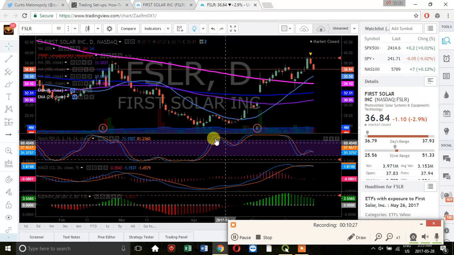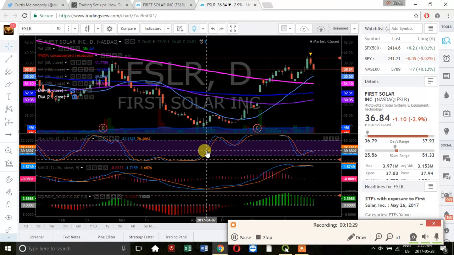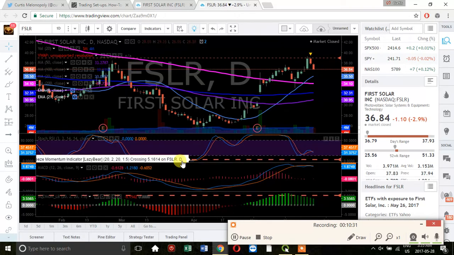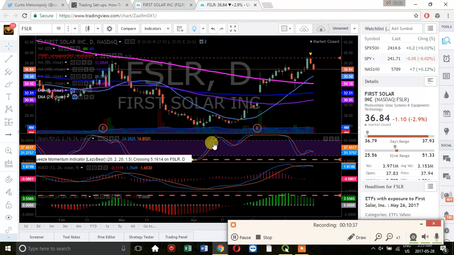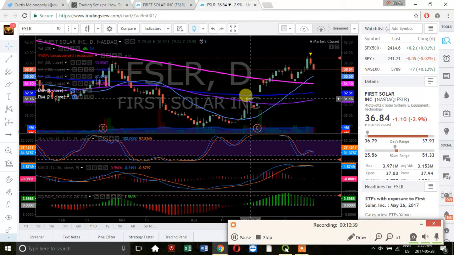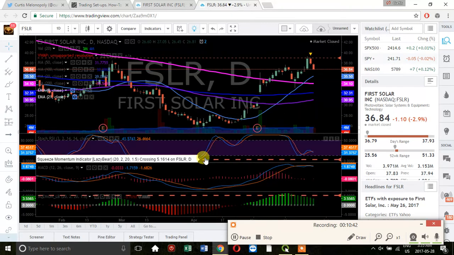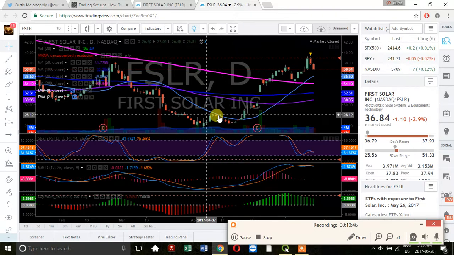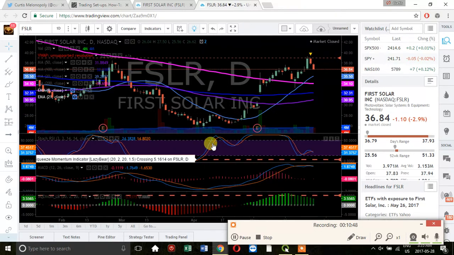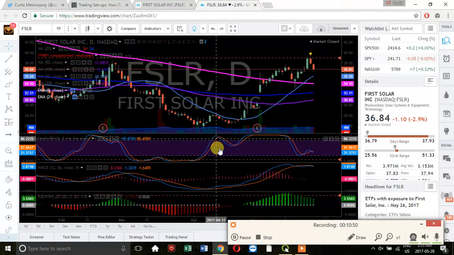So stochastic RSI is basically overbought and oversold. At this point at the bottom here, it's oversold. At this point at the top, it's overbought. So when you start to enter a swing trade, you can watch the stochastic RSI and get a feel for what's going to happen in the trade based on oversold and overbought.